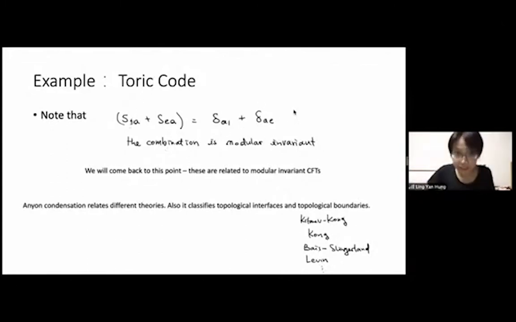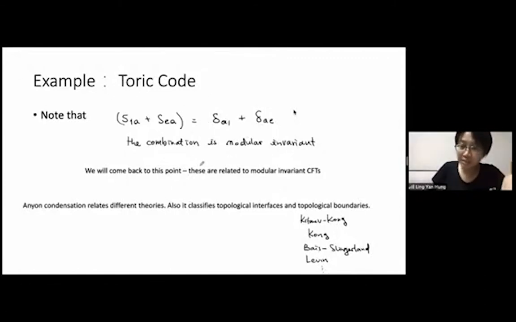Remember, S is the transformation matrix for the ground state. So 1 and E being allowed to be a condensate also generates a modular invariant. The ground state characterized by anyon 1, and the ground state characterized by anyon E on a torus: if I do a modular transformation on this torus, I recover the same ground states. This is what it says.